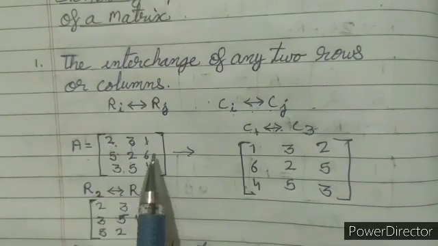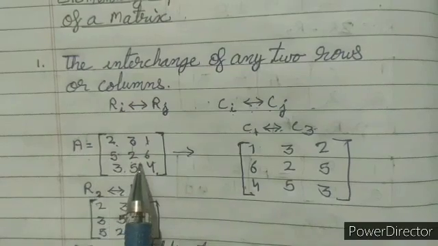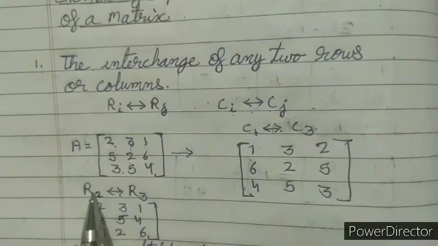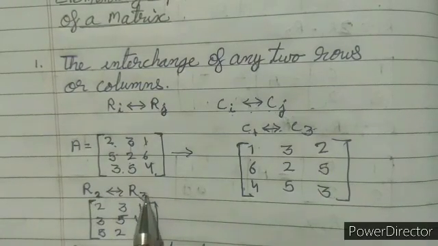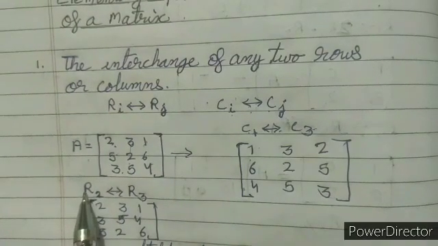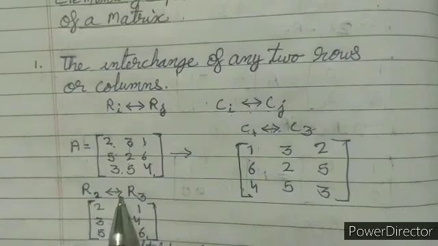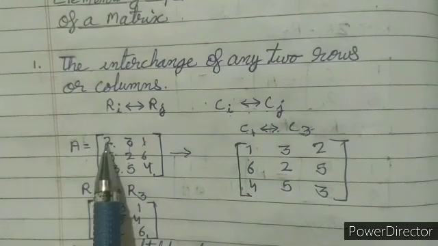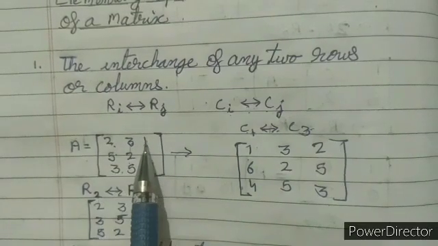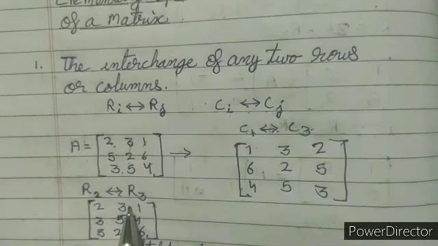Here I have taken a matrix A of order 3 by 3. Now if we want to interchange the second row with the third row, then it will be represented by R2 interchanged with R3. Row 1, that is 2 3 1, will remain the same.